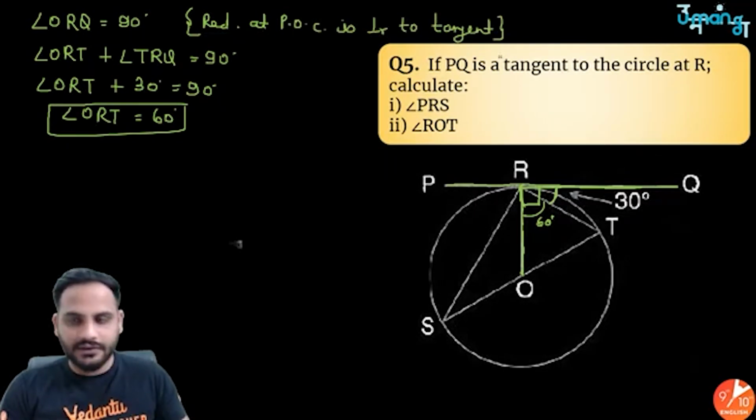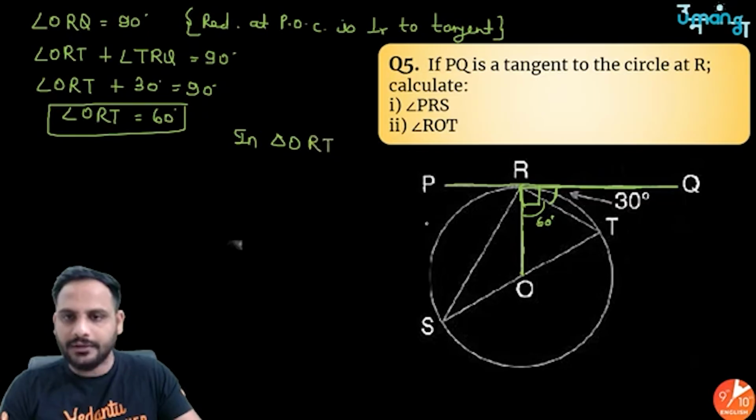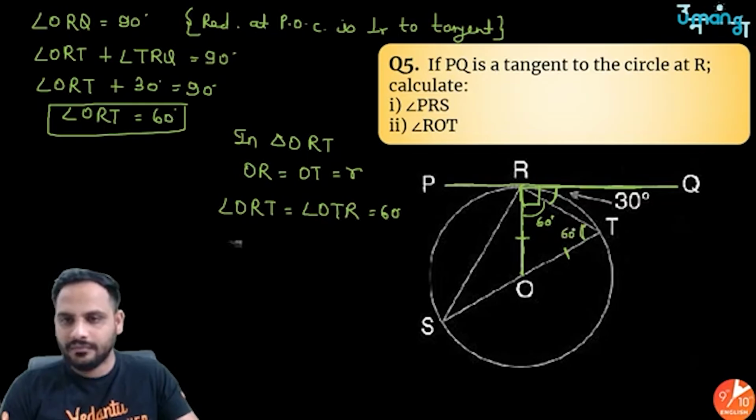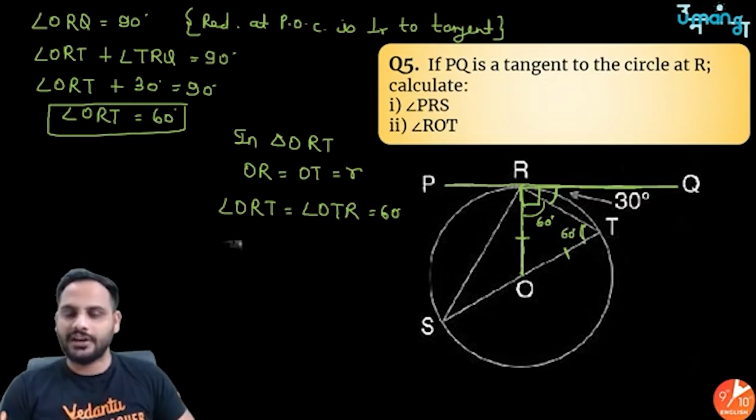Now once we have got this angle as 60 degrees, also I know that in triangle ORT, OR is equal to OT, because both are radius. So I can say angle ORT will be equal to angle OTR. Both are equal to 60 degrees.